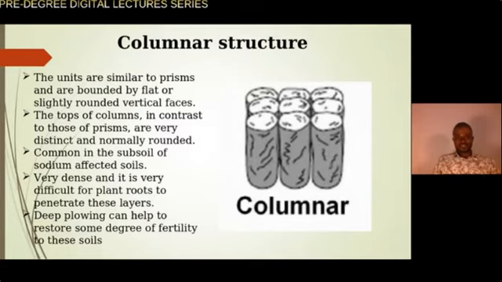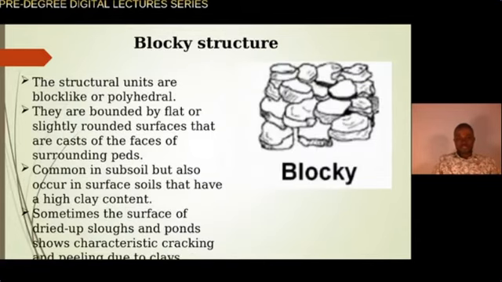They impair plant roots from growing through the structures. However, if the soil can be plowed, it can restore its fertility by breaking down the columns into smaller structures.